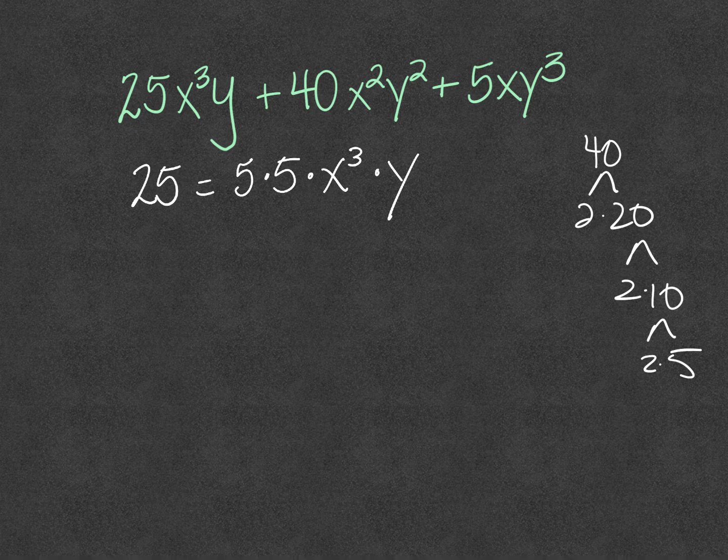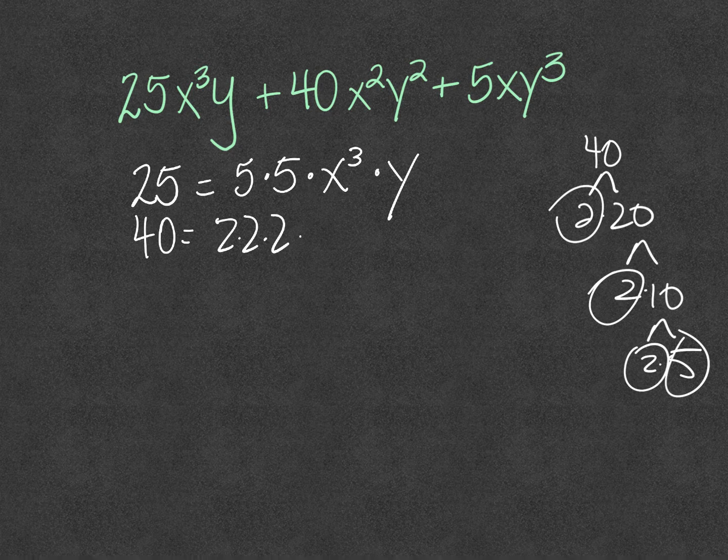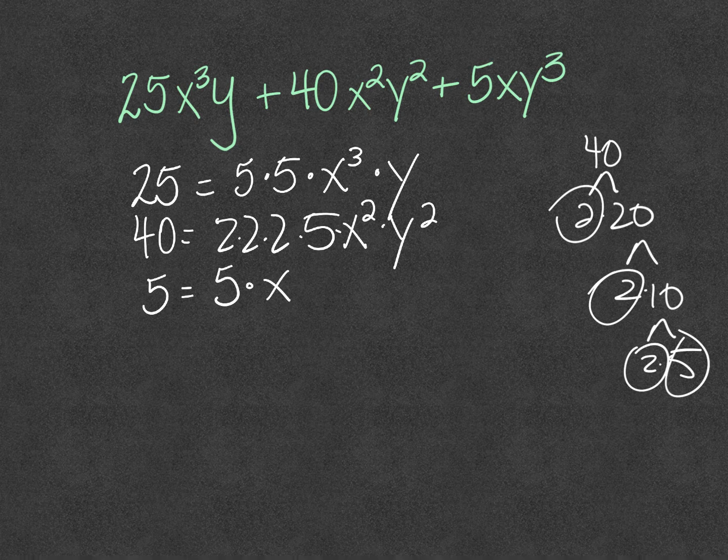Okay? So 40 equals 2 times 2 times 2 times 5 x squared y squared. 5 is already in its prime state, So that's 5 times x times y to the third.